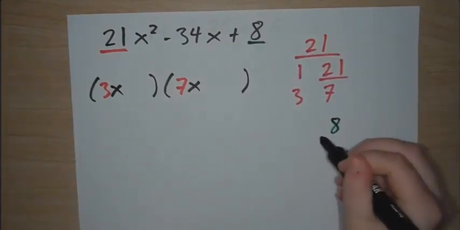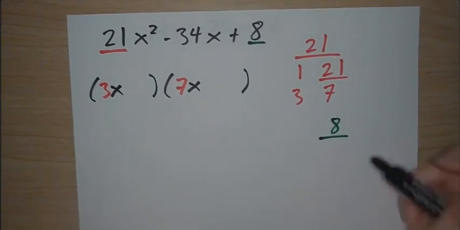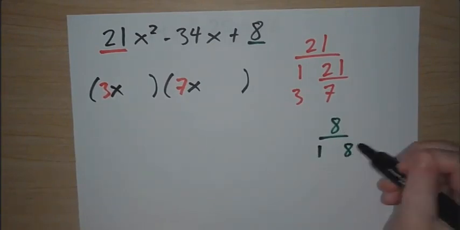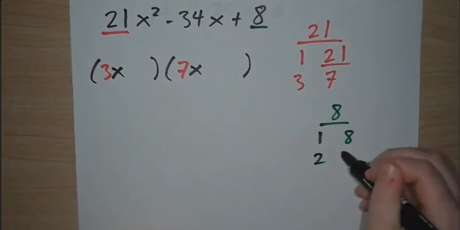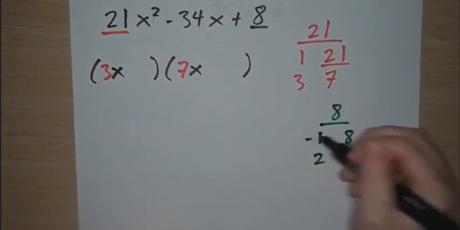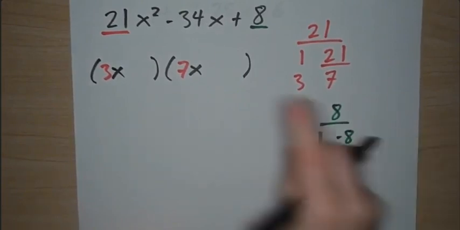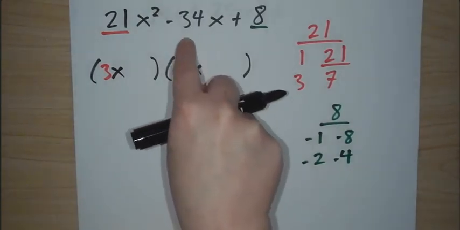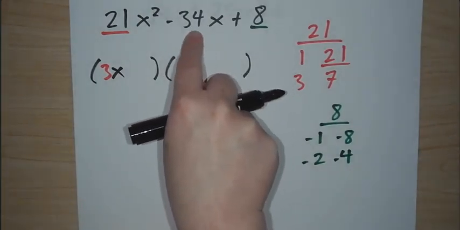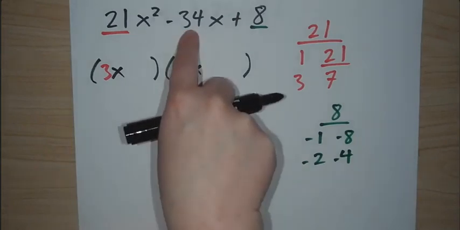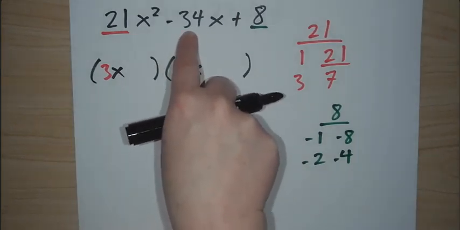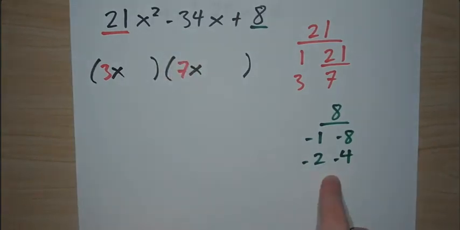So for the 8, we have the factors of 1 and 8 and 2 and 4. And these can be negative, and they actually are negative because our b here, our negative 34, is negative. So we are going to be adding two negative numbers to get this negative 34.